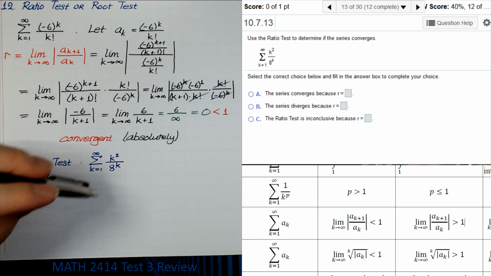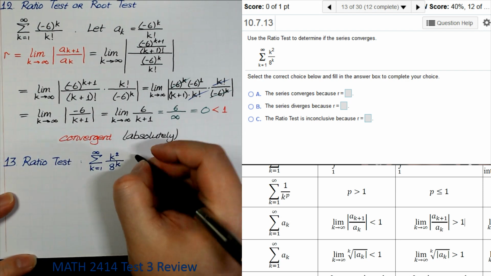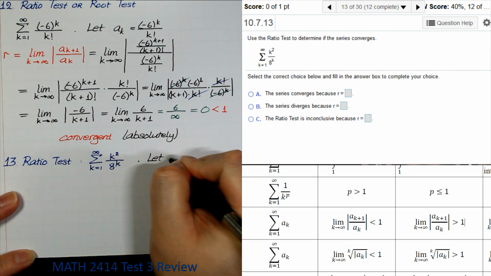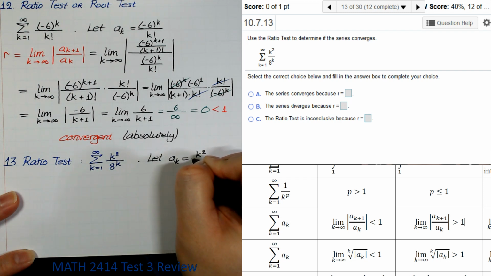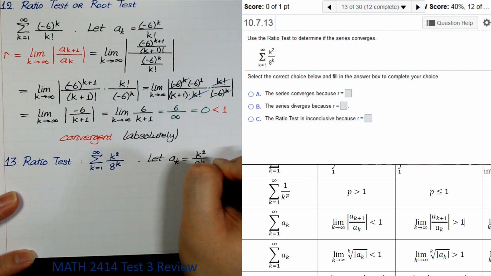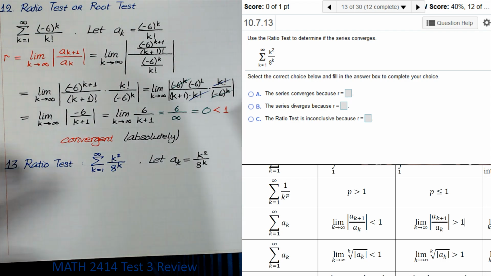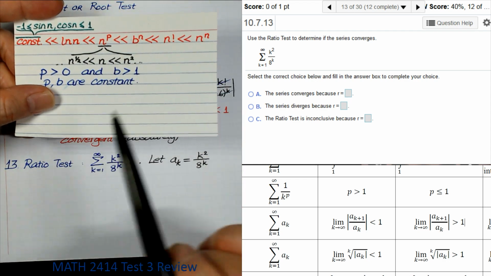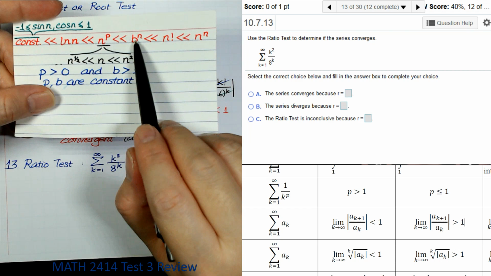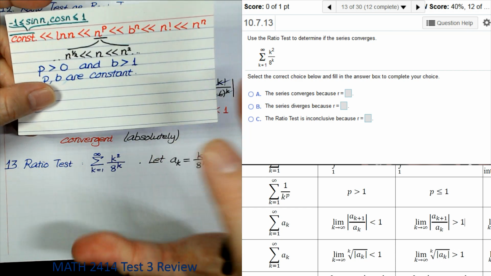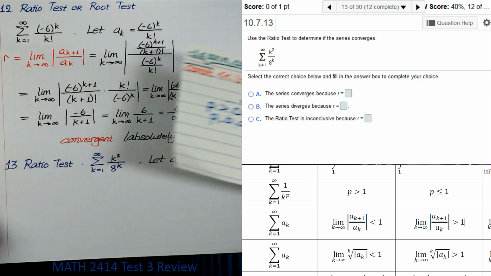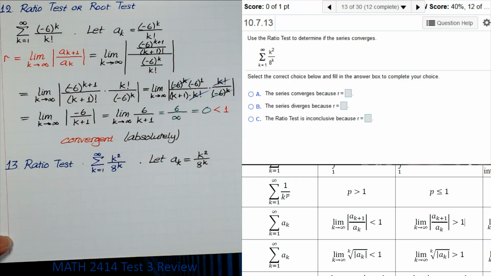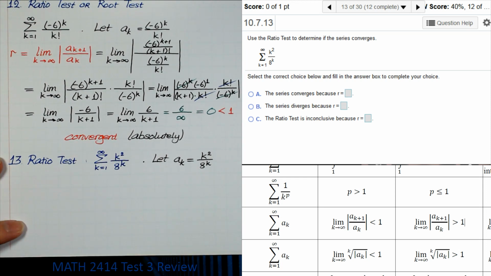Right. So first of all, that is a of k. For the ratio test, usually we have a term with a power, exponent, or factorial. Those come in handy when we use the ratio test. So for the ratio test, I take the ratio of consecutive terms.